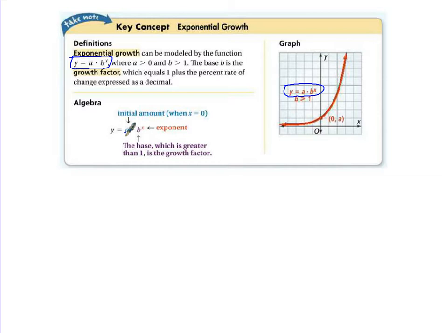So A is the initial amount right here. When x is 0, or when time is 0, when we have our first starting value, it's sitting right here. That's what A is. We talked about that in the last section also. The base, B, is greater than 1. We talked about that just now. That's the growth factor.